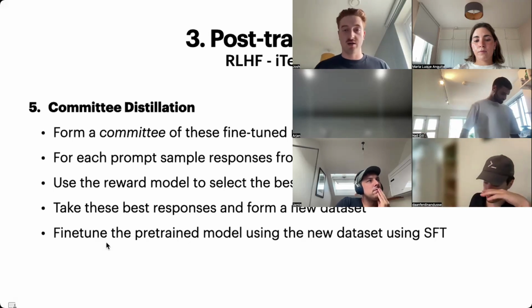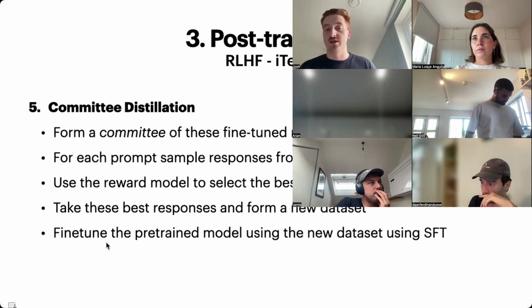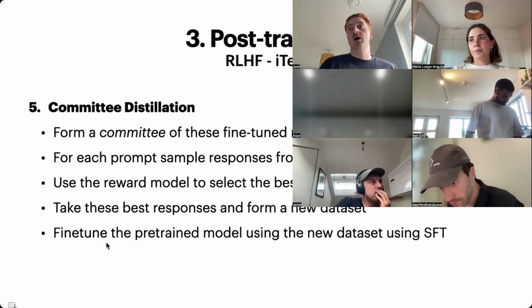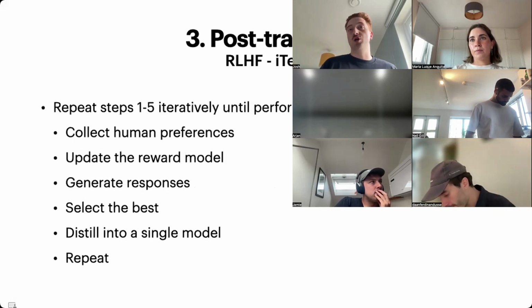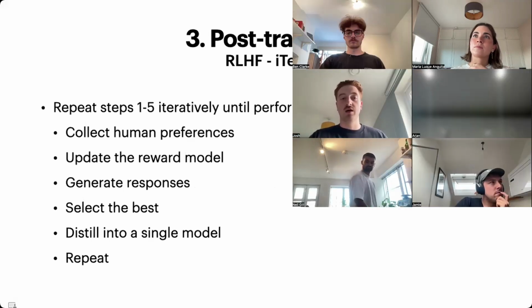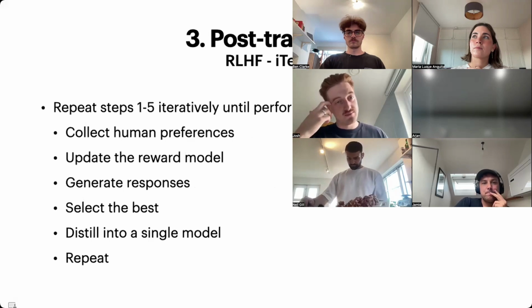So you discard these fine-tuned variants. You train the original model for further iterations using this new data set, using standard SFT, supervised fine tuning. Then they run this post-training cycle multiple times, and they keep running it iteratively, upgrading the model until performance gains start to saturate. Yes, Ben.